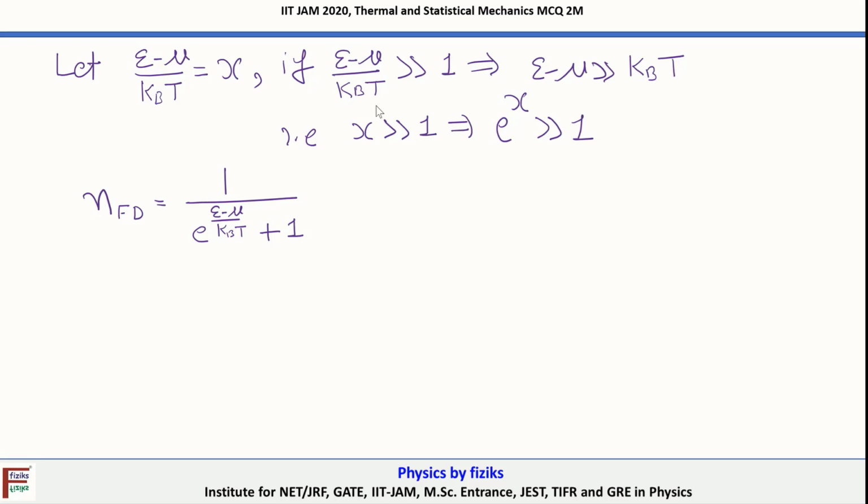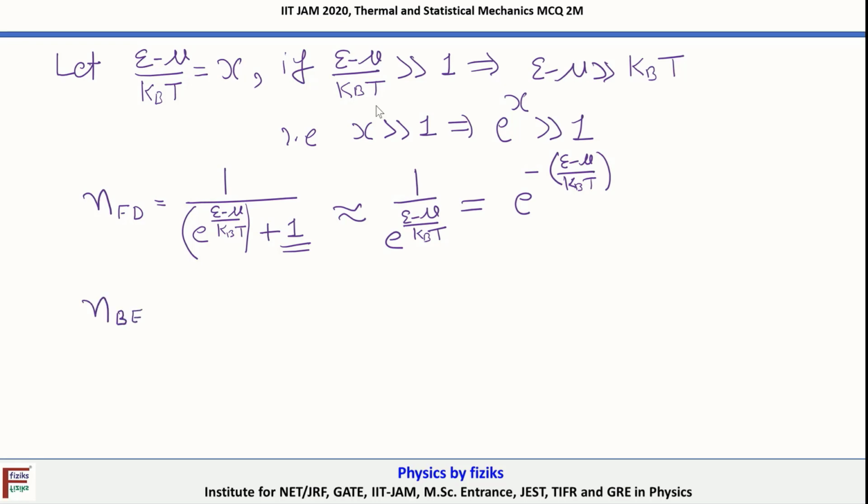Because e to the power x is going to be much larger than unity, we can neglect the 1. So we can approximate this to be equal to 1 upon exponential (E minus mu upon k_B T), which is further equal to exponential of negative (E minus mu upon k_B T).